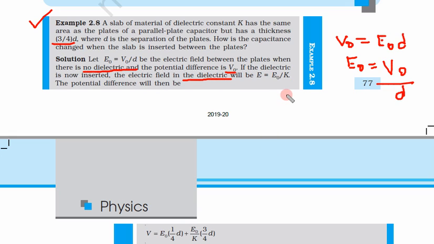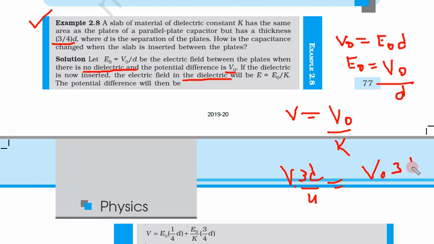Because how did we calculate? Because voltage in the dielectric is V naught by K, and for the dielectric this distance will be 3D by 4. So E into 3D by 4 is equal to V naught into 3D by 4, upon K. So this 3D by 4 cancels, because the electric field will not change with the width of the dielectric material.